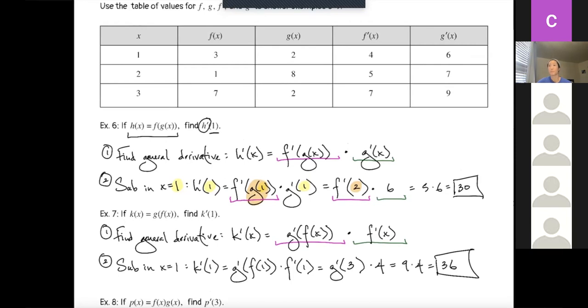So at 1 second, this particle is moving at 36 units of velocity. Yes, exactly. If k of x were a position function, you could certainly say that the velocity at t equals 1 is 36. That's a great way to think about it.